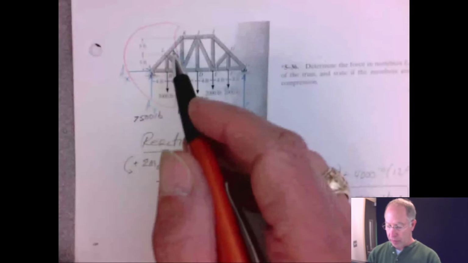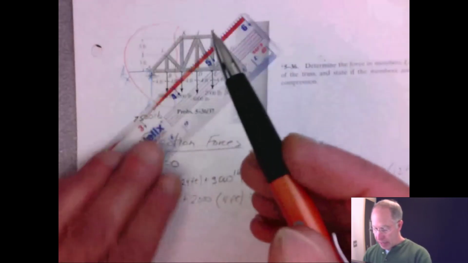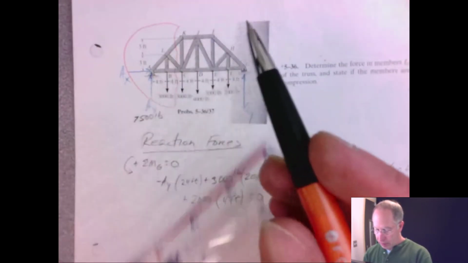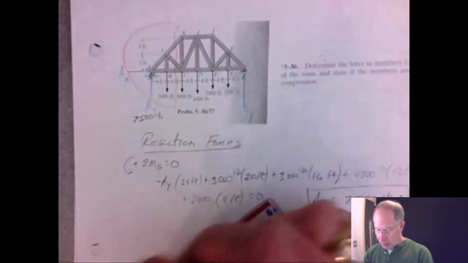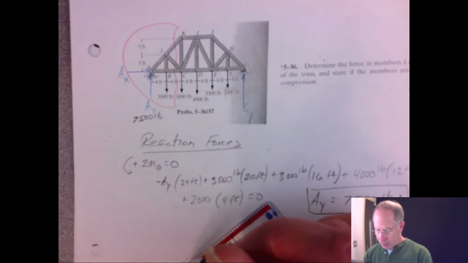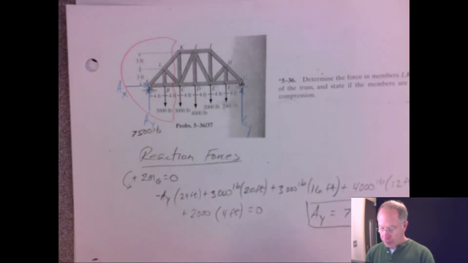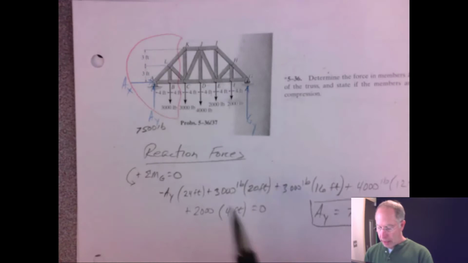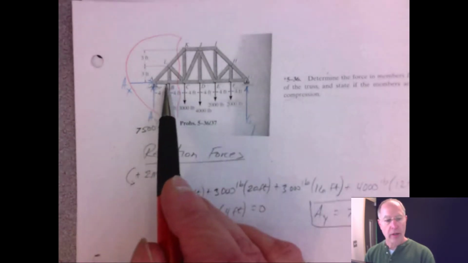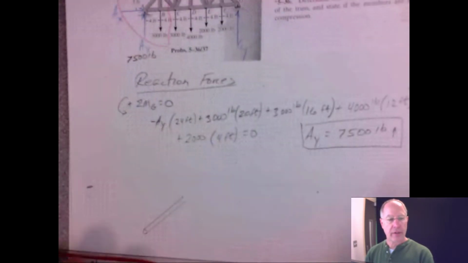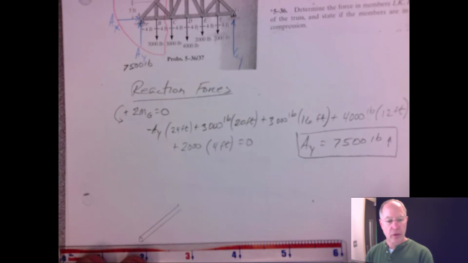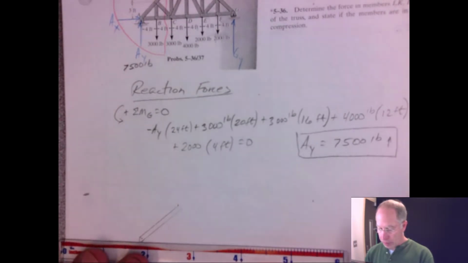I'll show you what I mean. So here is A, L. I'll let this represent A here, and I'll go across and draw the horizontal members.